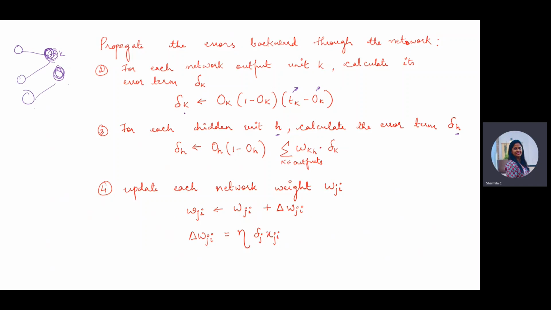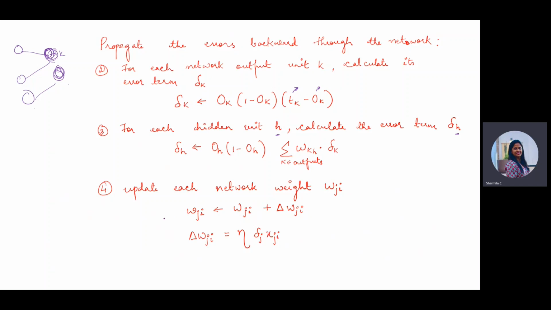This delta k is already calculated in the previous step, the error calculated at the output layer. For calculating the error at the hidden layer, we take the help of the error calculated at the output layer.